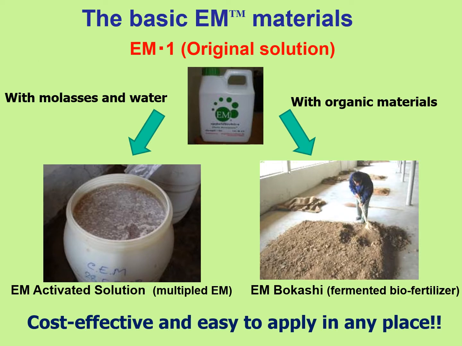From the basic materials, EM1 with molasses and water we get EM activated solution, and EM1 with organic materials you can get EM Bokashi fermented biofertilizer. It is cost effective and easy to apply in any place.